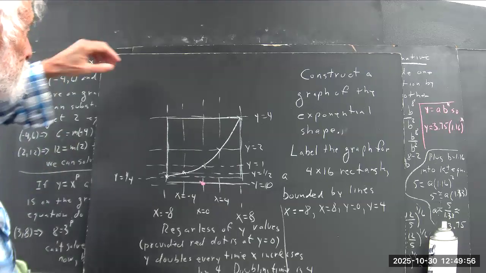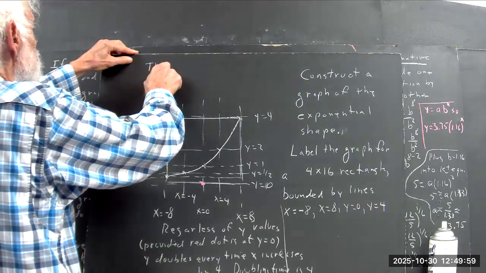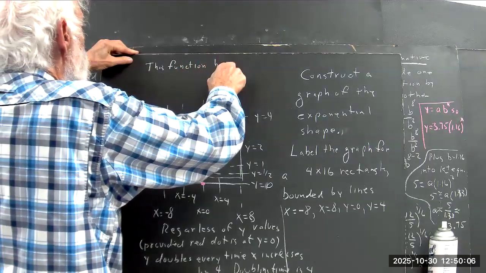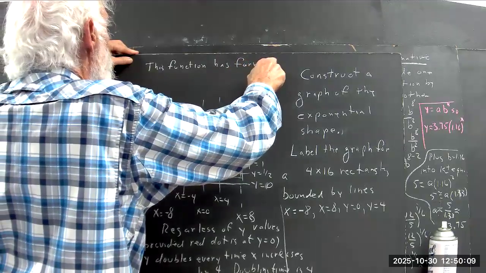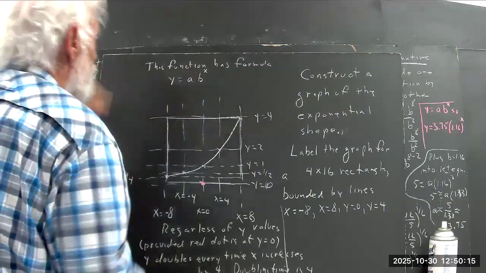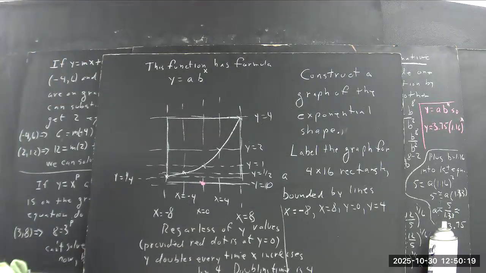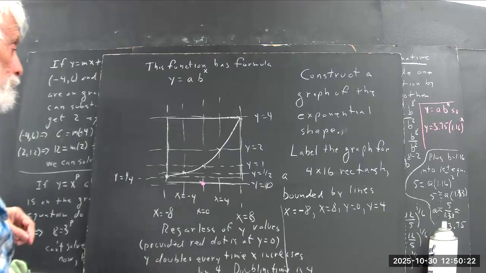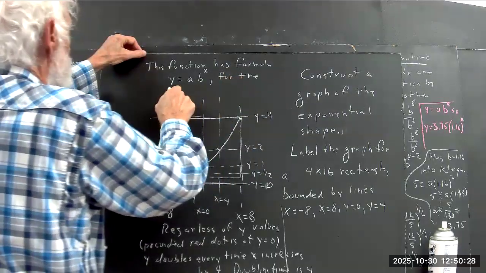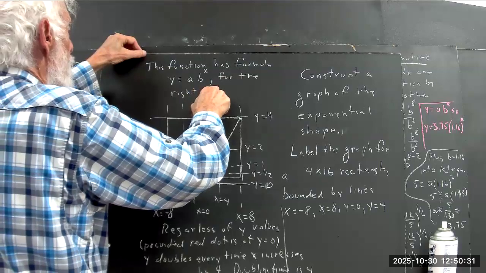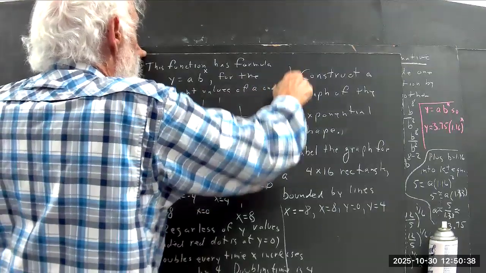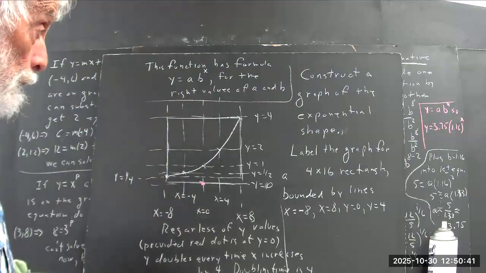Okay, well, this function has a formula y equals ab to the x, for the right values of a and b.